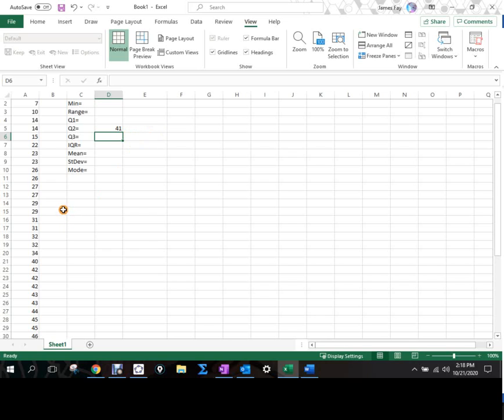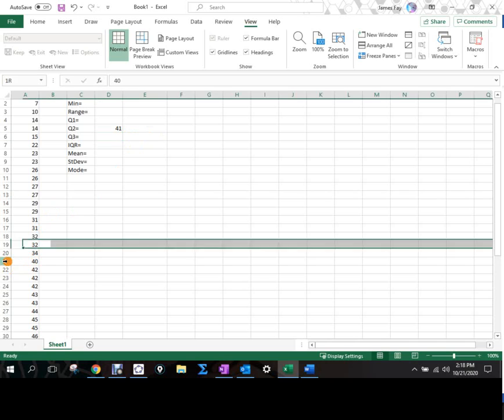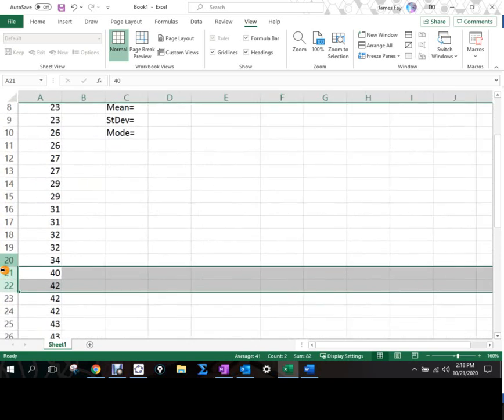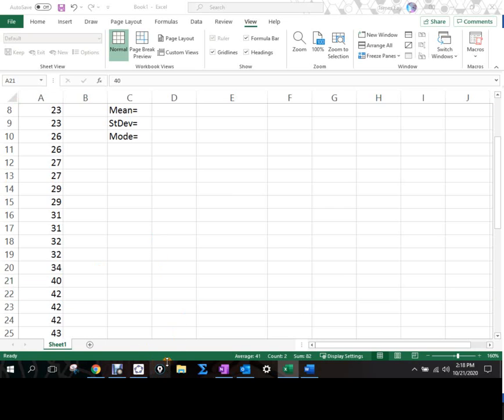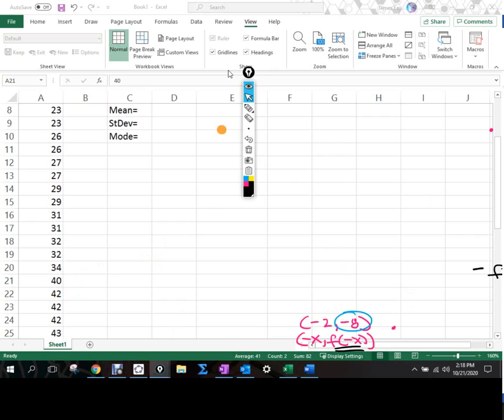So 21.5 is going to be between these two right there, correct? So then the average would be 41. Does that make sense? So that's going to be Q2. Now here's the issue that arises, and that's not a problem using the median function.